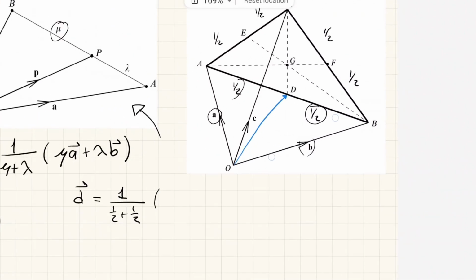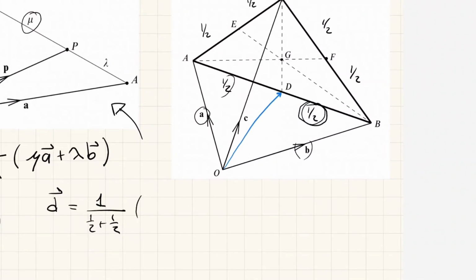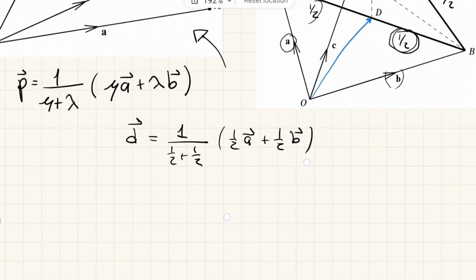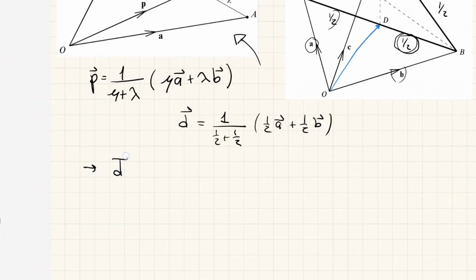But you should know that this is the corresponding quantity to multiply the vector A. So we will have here 1/2 times A plus 1/2 times B, right? So with this, we can say that D is equal to 1/2 times (A plus B).